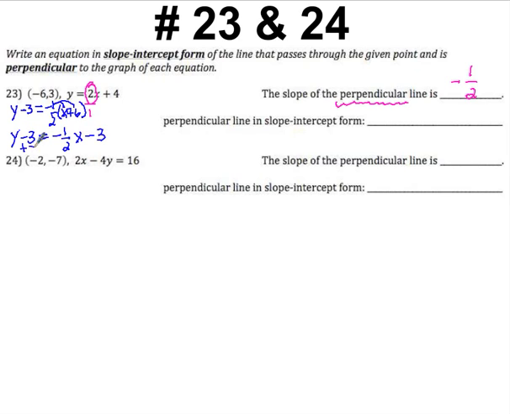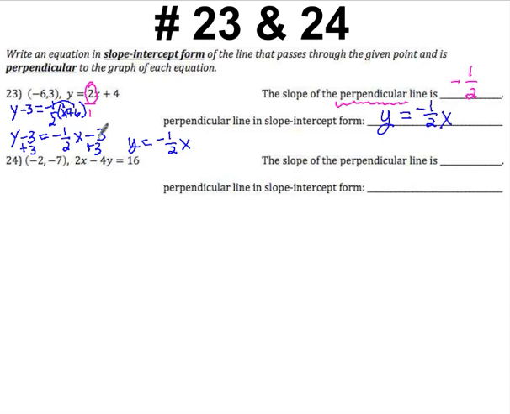So we're going to add 3, and I get y equals negative 1/2 x, and this became a 0, so I don't have to put it down. You don't have to put plus 0. That does indicate, though, that it goes through the origin because there's no y-intercept other than 0, so it's going to go right through that origin on this equation here. So we get y equals negative 1/2 x.